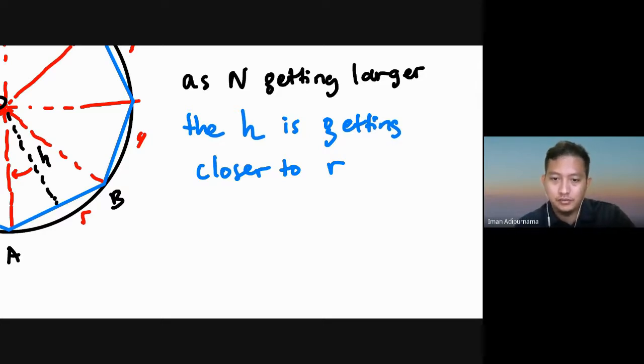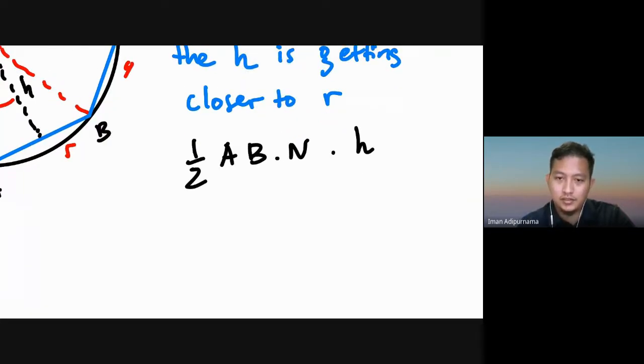So what will happen? We have half AB times n, and h. Eventually, if we use the limit concept, or maybe just imagine getting closer, we can have that this h is getting closer to r.